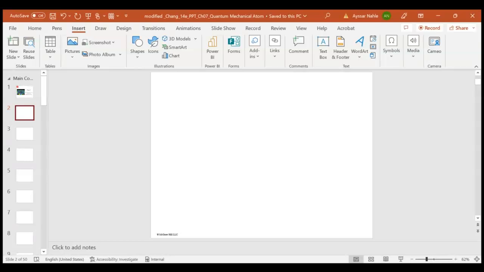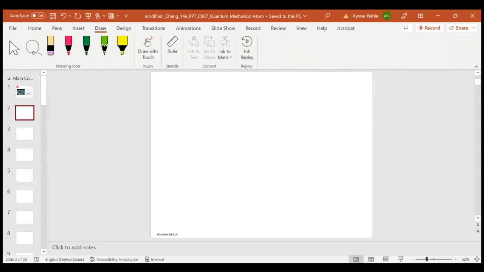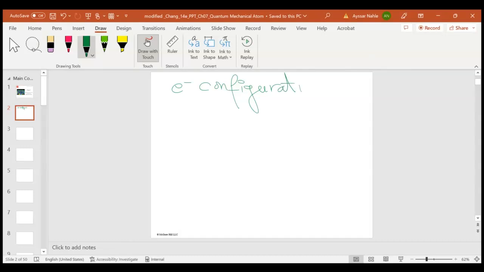Now I'm going to talk first of all about the electron configuration. By electron configuration, I mean that I'm having an atom. The atom is made of a nucleus, as we said.